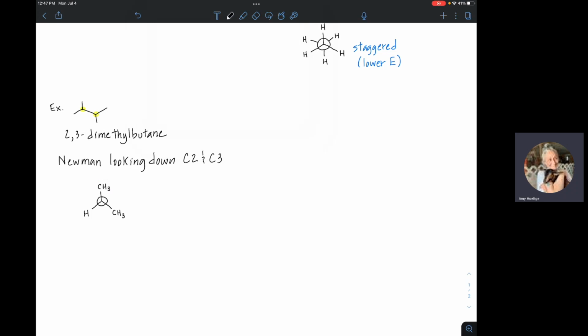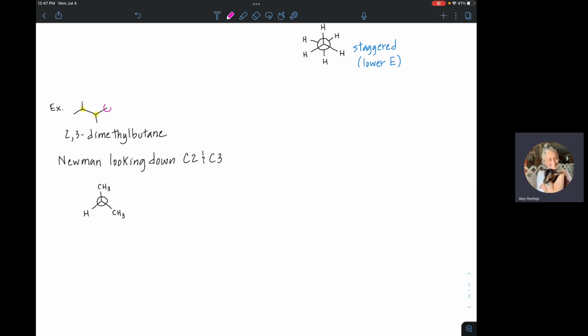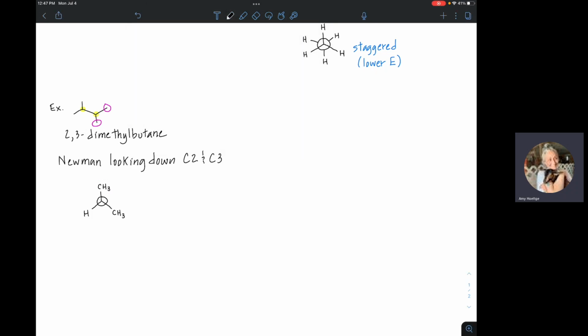Carbon number 3 has a similar bonding situation. It's bonded to carbon number 2. It's also bonded to a hydrogen and 2 methyl groups. So in this case now, I'm going to say we've got a hydrogen and then we have these two, right? So in the back, I'm going to start out with the lowest energy conformation that I have, where I've staggered all of the bonds.